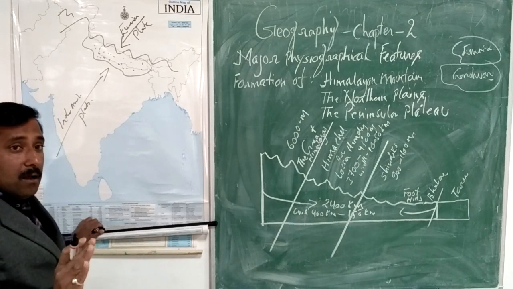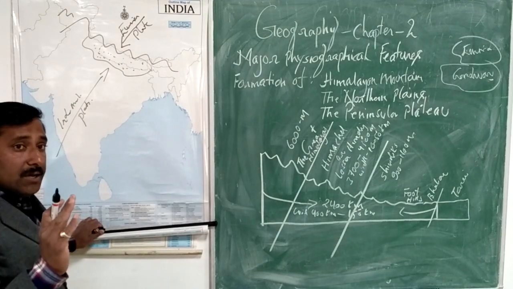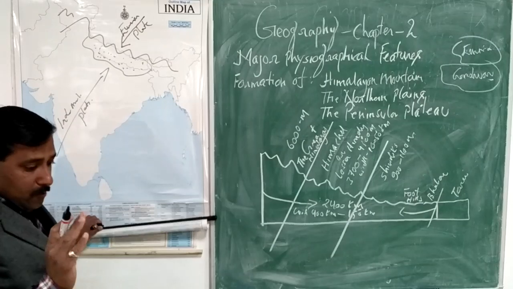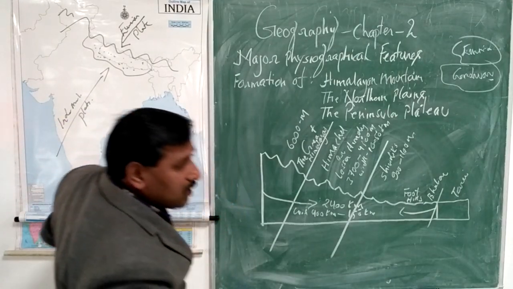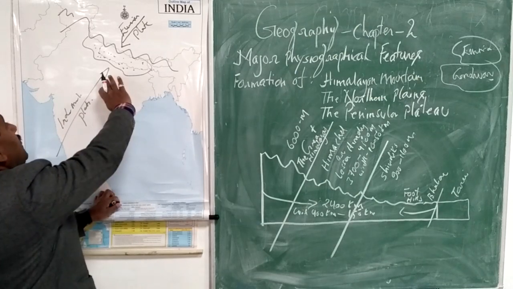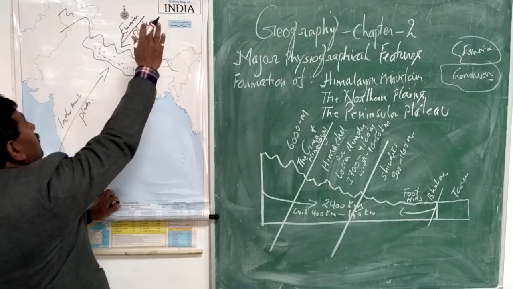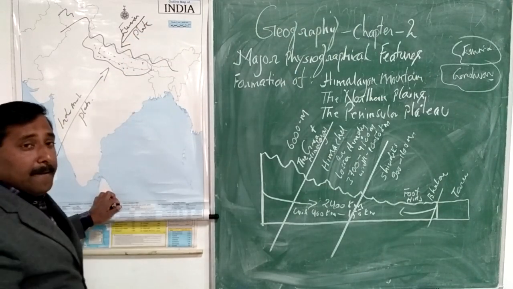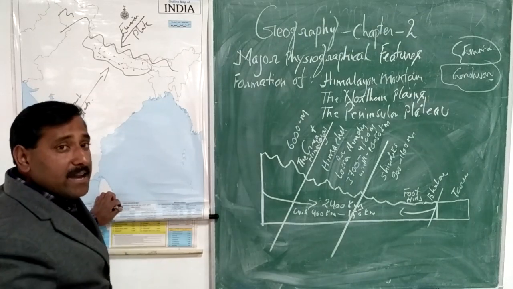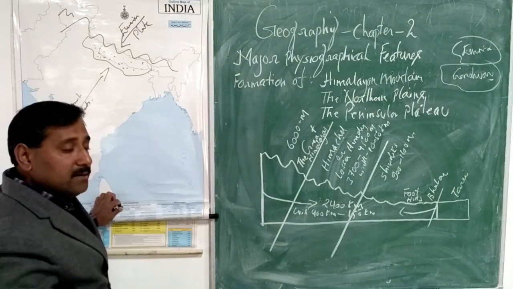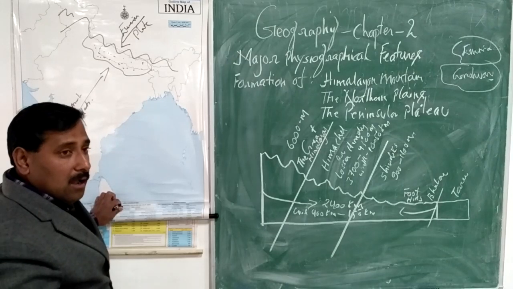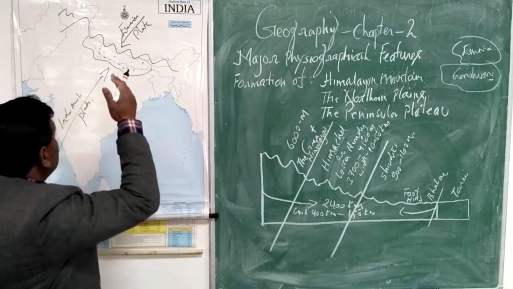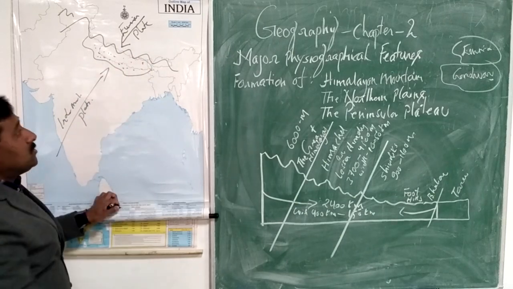So the convectional currents shifted the Indian plate and the Eurasian plate, and this convectional movement, which I also discussed, resulted in the formation of these great Himalayas.